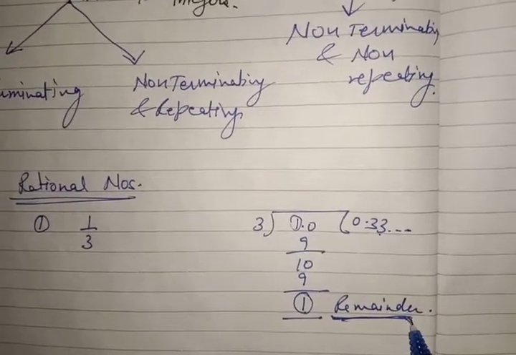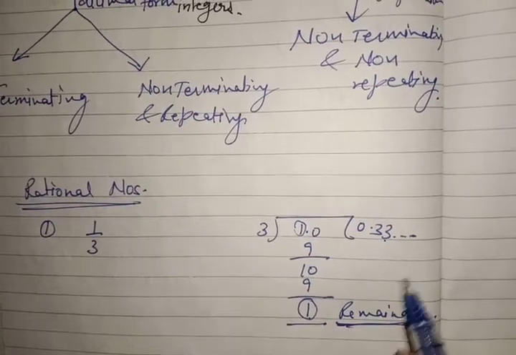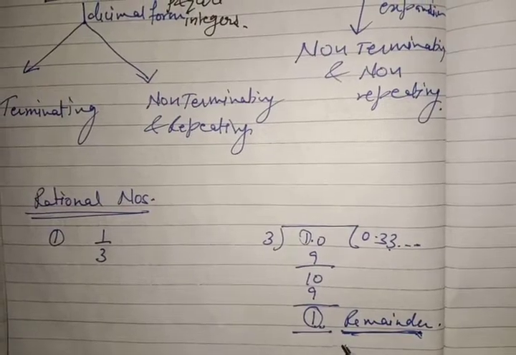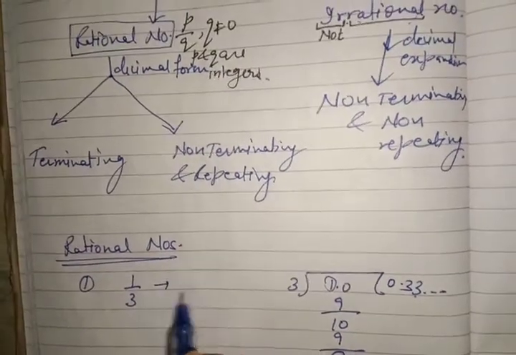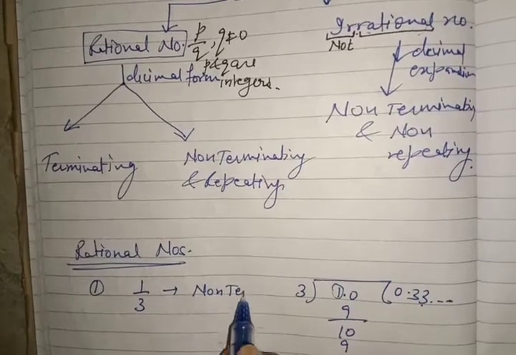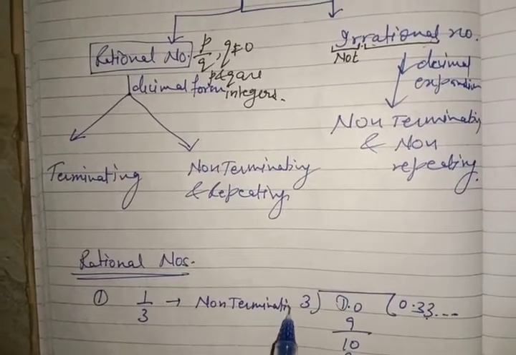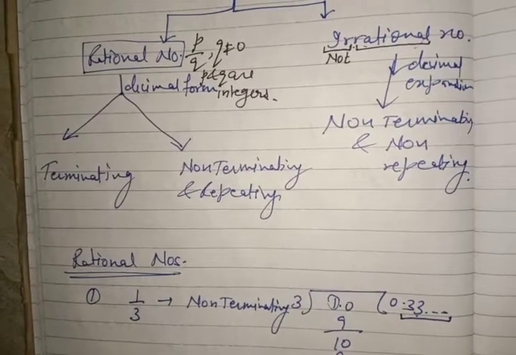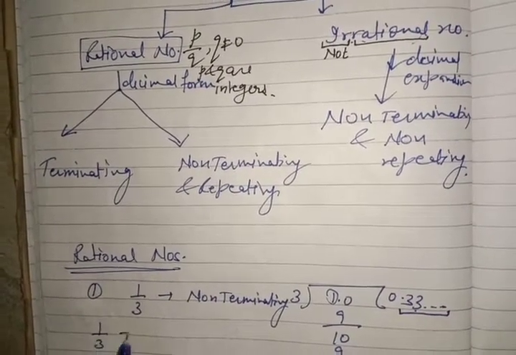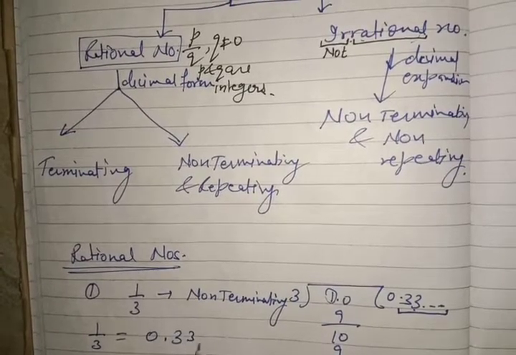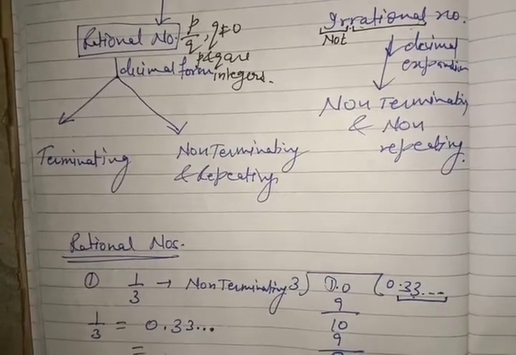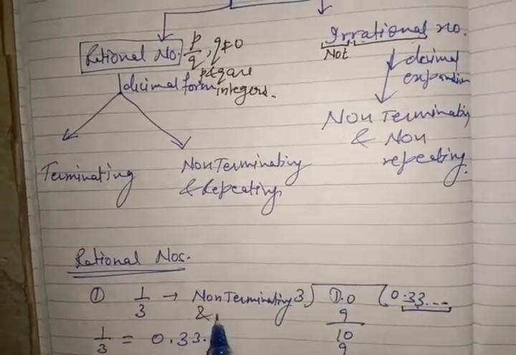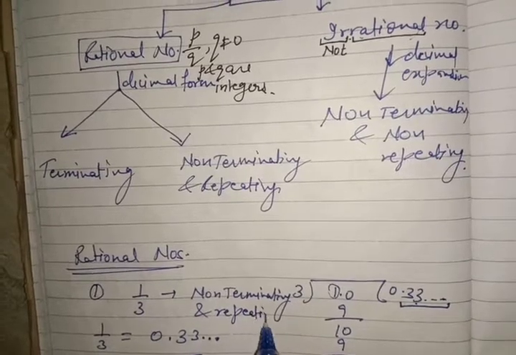It means remainder is not 0. So it is non-terminating. Non-terminating means it will never end. And you can see easily which number is coming again and again. When we divide 1 by 3, 3 is repeating. So that's why this is known as non-terminating and repeating.